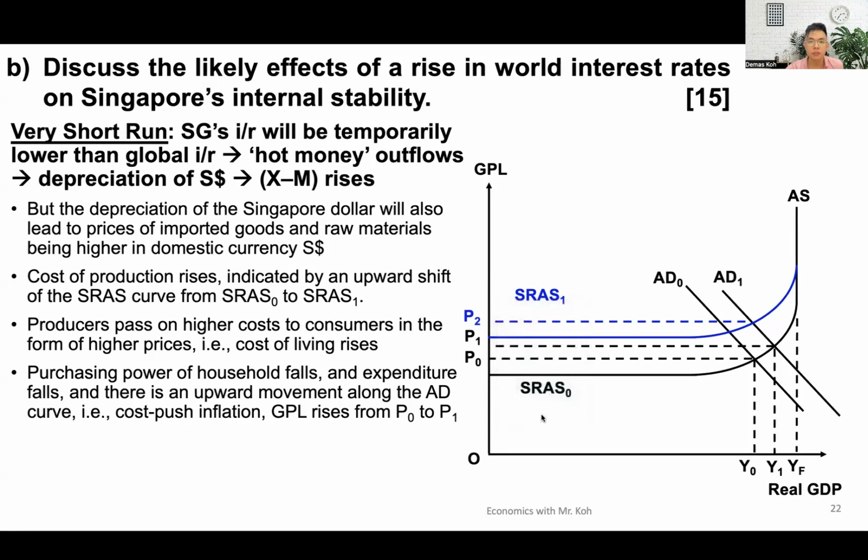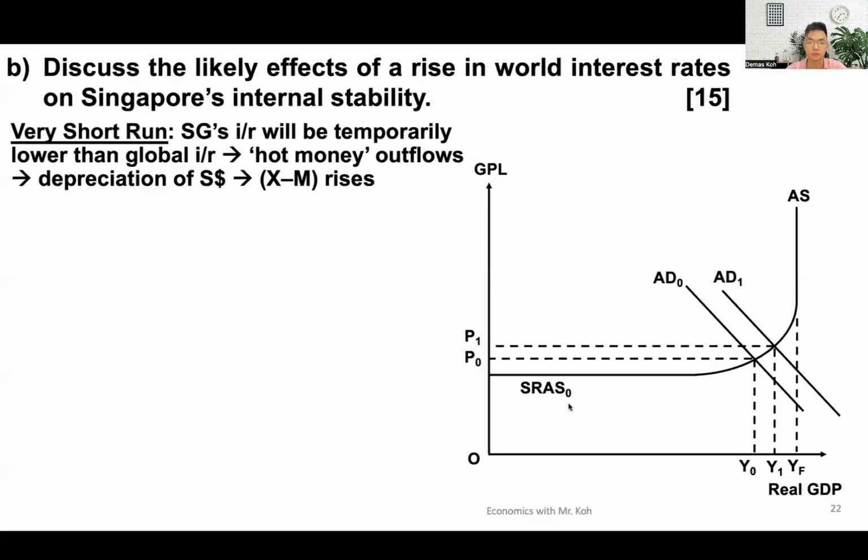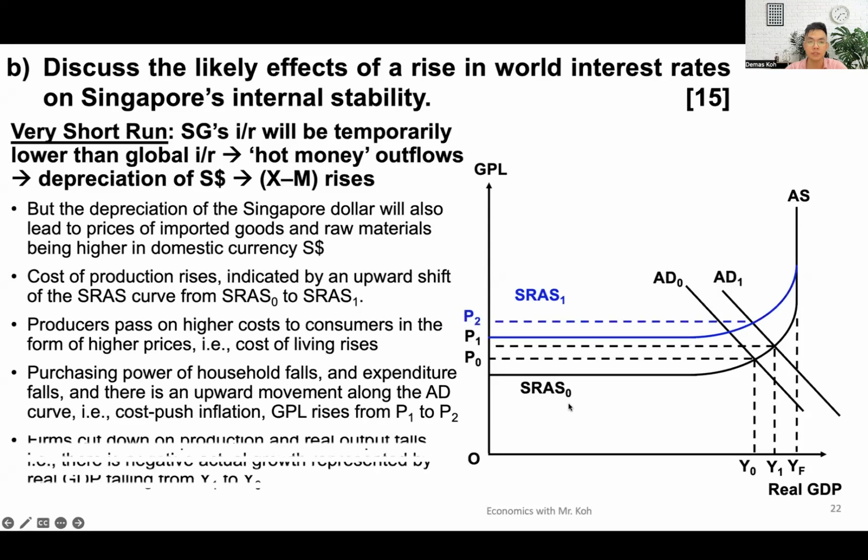It should be from P1 to P2 for cost push inflation. All right. And firms cut down on production and real output falls. There is negative actual growth represented by the real GDP falling from Y1 and back to Y0.